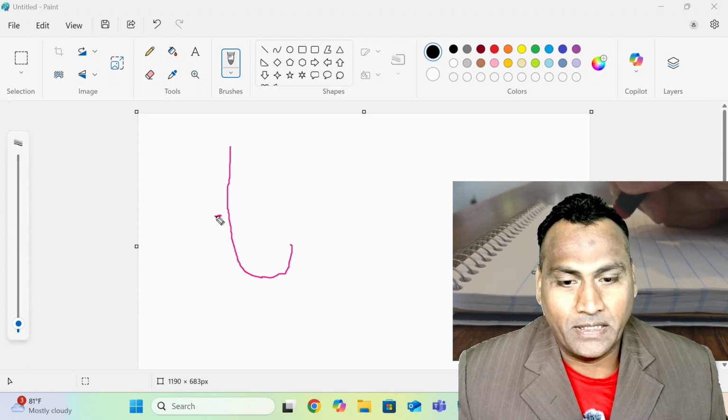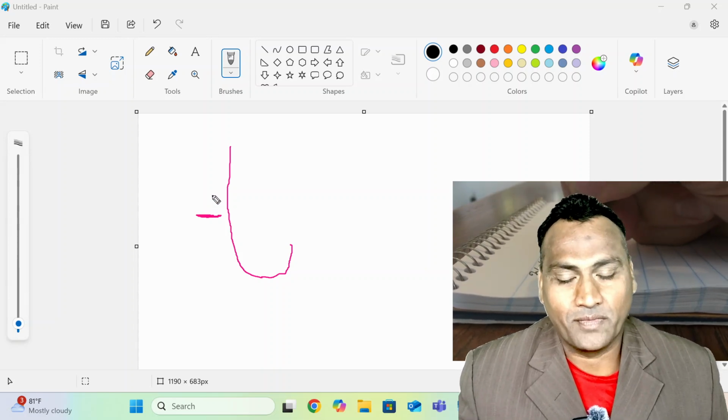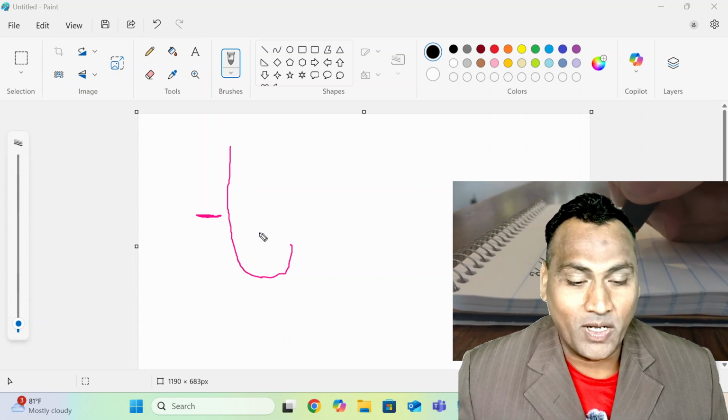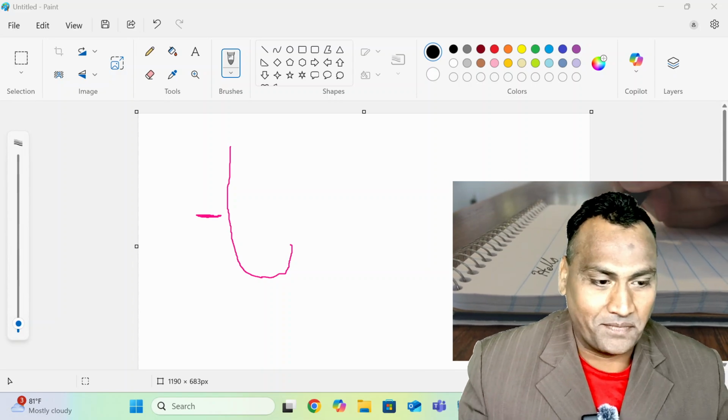If you put it here, that talks about inferiority complex of yours. So you are lowering yourself. You are putting the stroke lower, means you are lowering yourself, which is not supposed to be there.